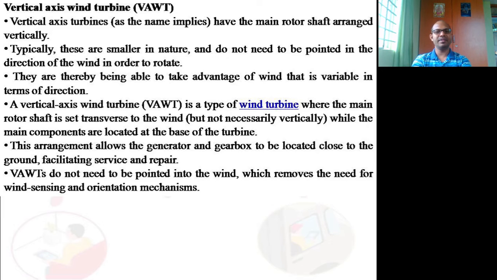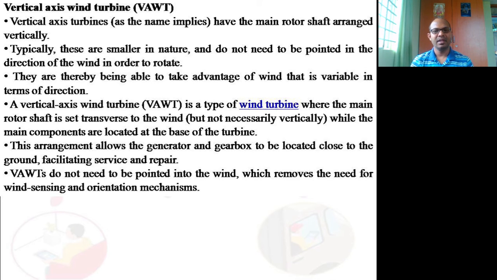Major drawbacks of the early designs include, actually, these vertical axis wind turbines are also called Savonius. They include significant torque variation or ripple during each revolution, and large bending moments on the blades.